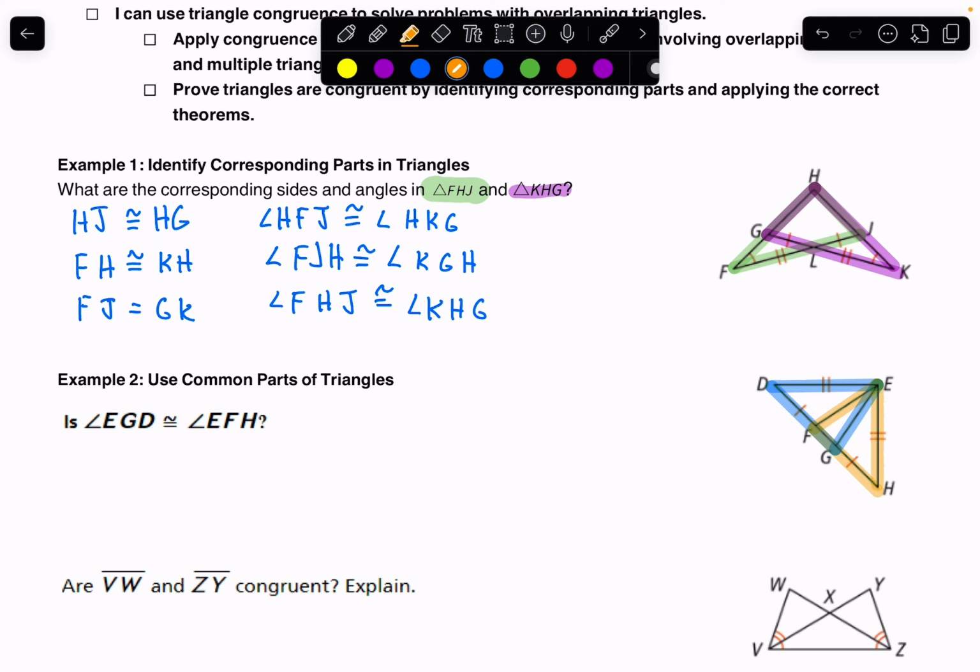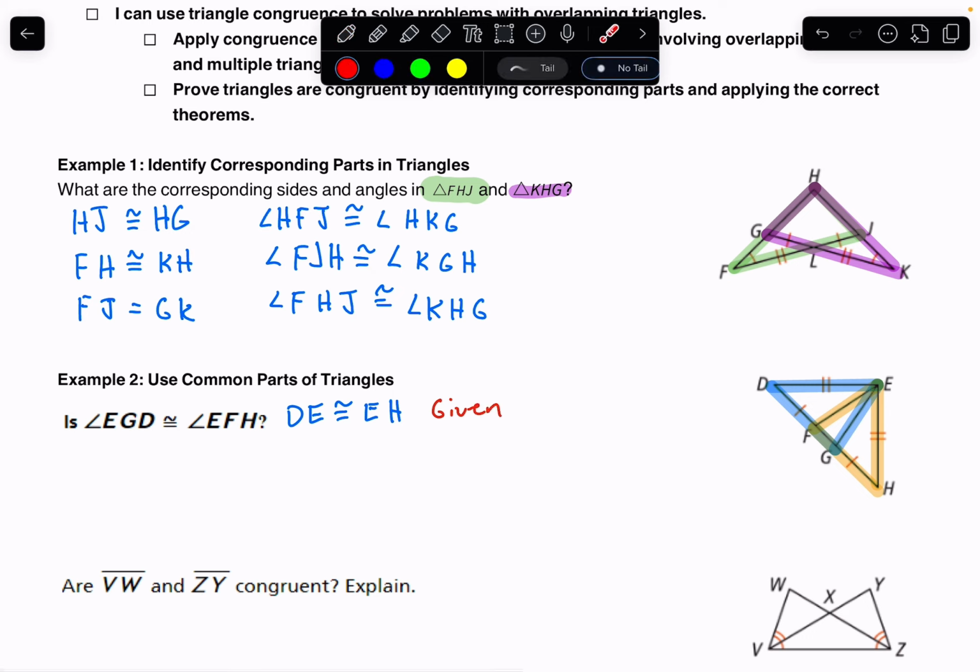So my first goal here is going to be talking about these two triangles being congruent. And how do I know? Well, I notice automatically that DE and EH are congruent. So I'm going to start with that. DE is congruent to EH, right? And that's given because that's already in the diagram.